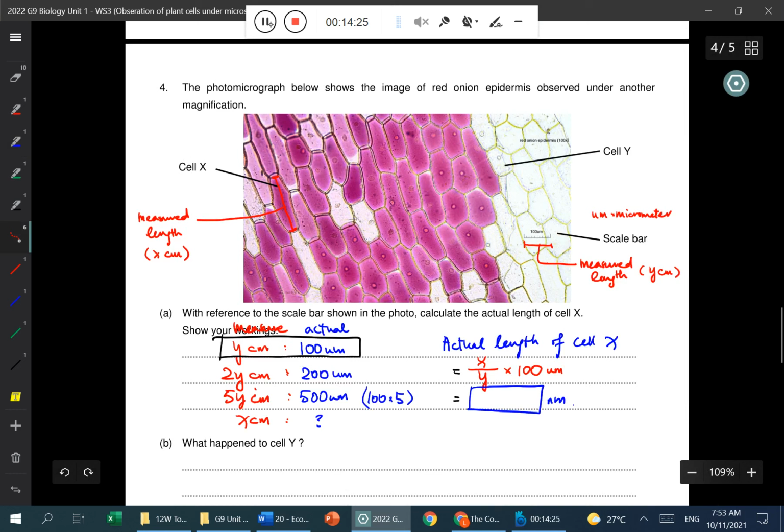So calculate the ratio between the measured length of the scale bar and the measured length in the picture, and then multiply it by the actual length shown in the scale bar, and you'll get the actual length of the cell.